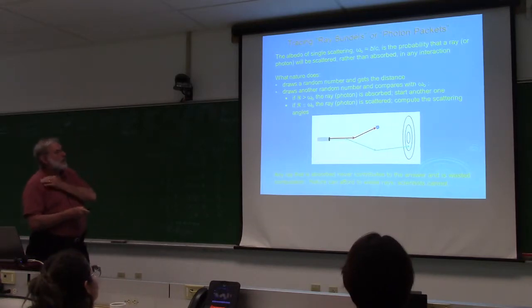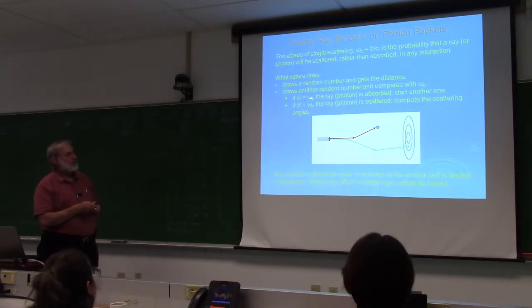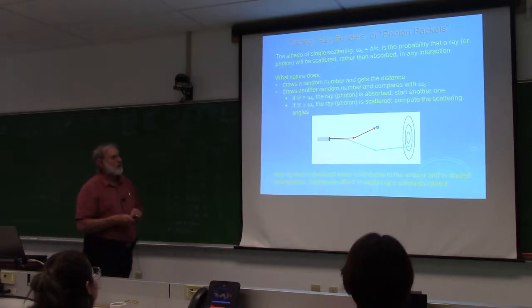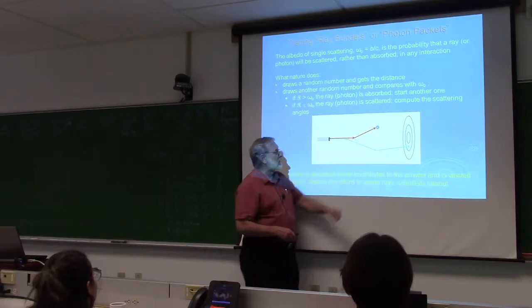Okay, so what nature does is it says, draw my random number, shoot the photon out, and then I'll draw a random number, and if R is greater than omega naught, the ray or the photon will be absorbed, and then I'll stop and I'll generate another one. So that's this case.